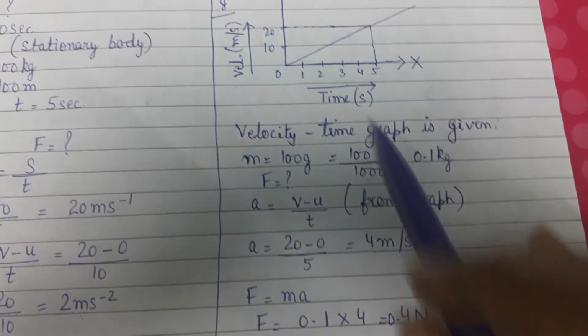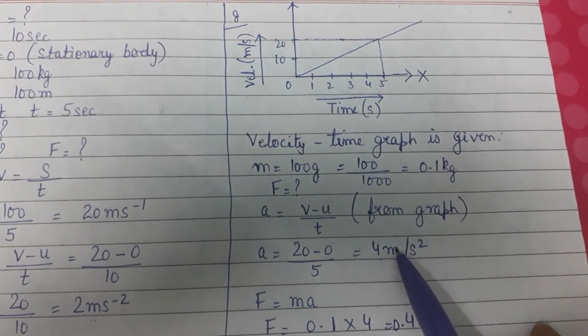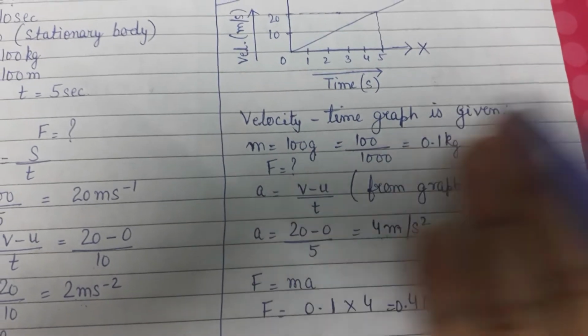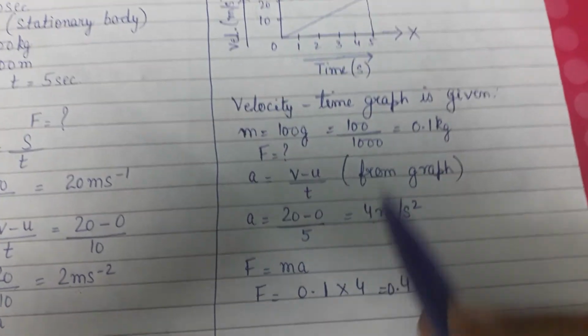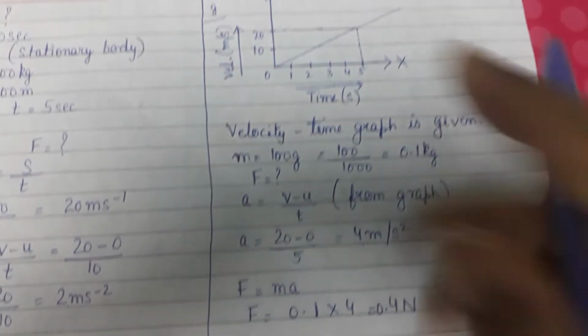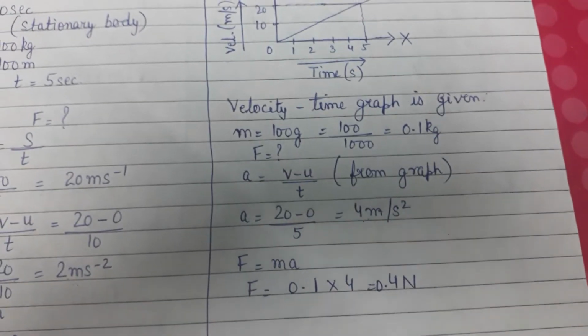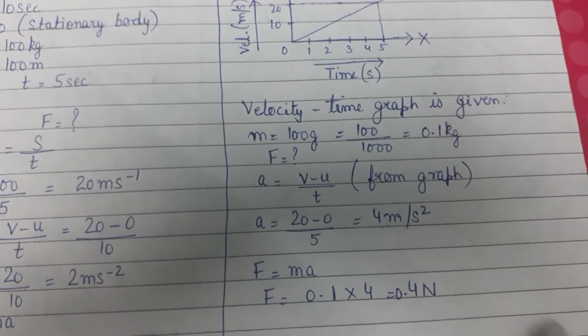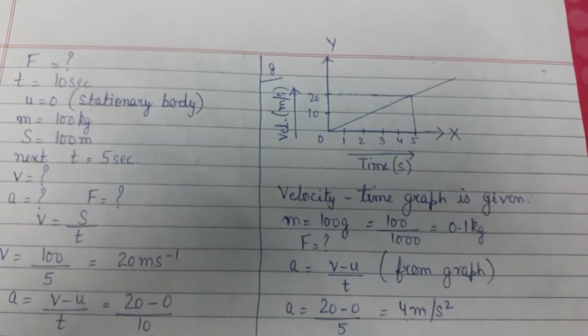In the same manner, you will calculate it. After finding out the value of A, it is simple. We are using the formula F is equal to ma, right? M we know, A we have found out from the graph, and therefore the value of F is 0.4 newtons. Clear, children? Okay. So this was the 8th numerical.